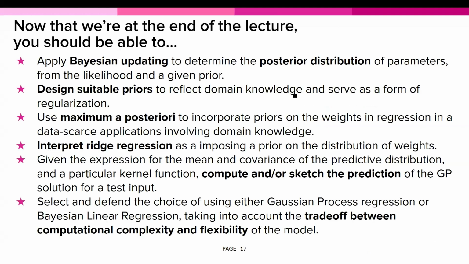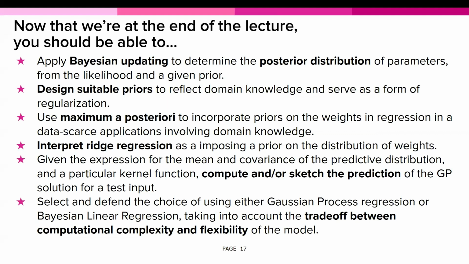All right, so that brings us to the end of part B, as well as the end of lecture 9. Let's do a quick summary now and identify what you can expect to be able to go out and try for yourself with what we talked about. We applied Bayesian updating to determine the posterior distribution of parameters using the likelihood and given a prior.